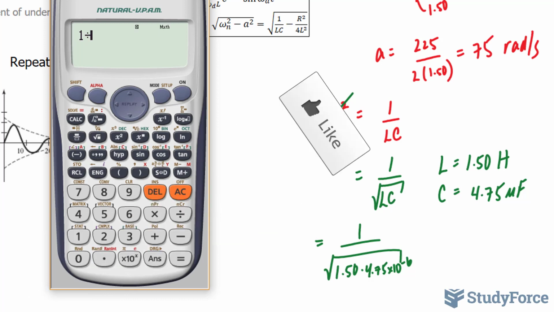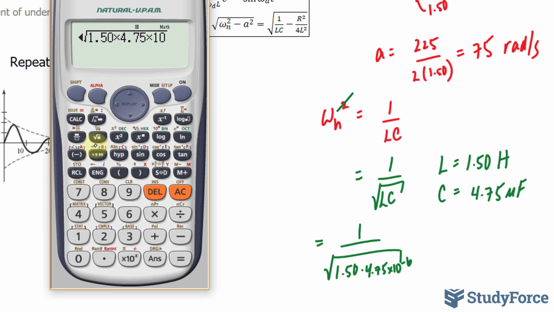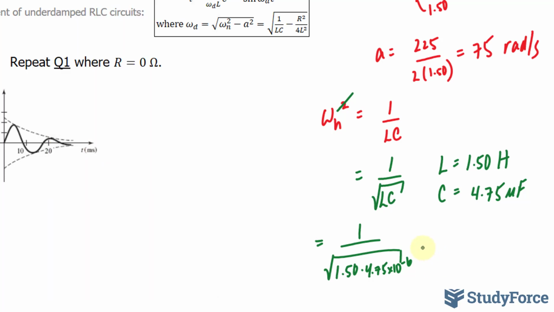Using our calculator, we have 1 over the square root of 1.50 times 4.75 times 10 to the power of negative 6, and we end up with 374.6 radians per second.